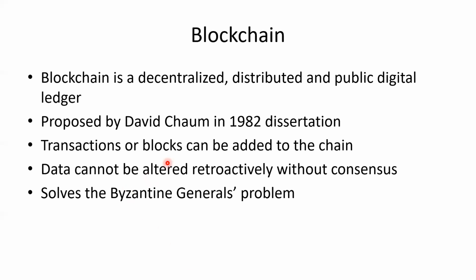Okay, it is a decentralized, distributed public database proposed by David Chaum, who, if you remember, did the blind signatures back in his PhD dissertation in 1982. And it's a chain, a linked list of data blocks, each one pointing to the previous one.